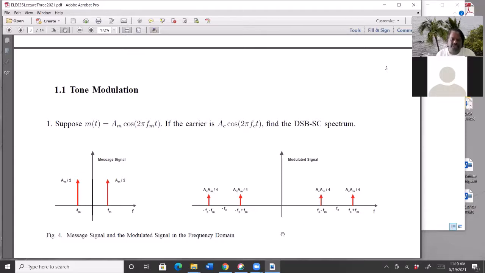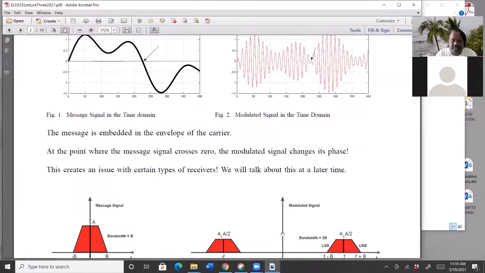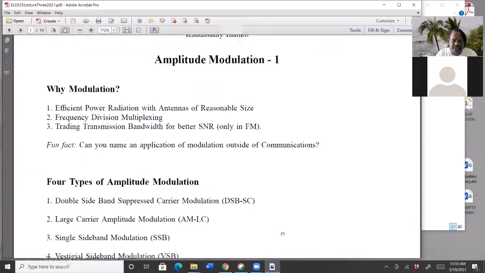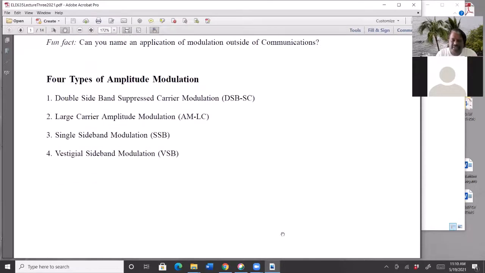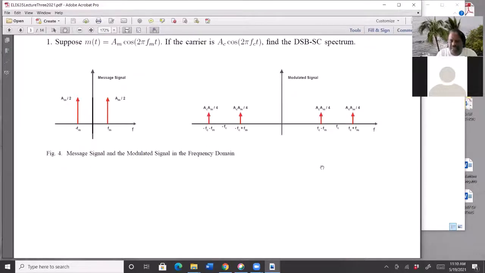Modulation doesn't just shift, it also halves it. Remember the theorem? Well, we have a half here, but more importantly, that's in the previous lecture slide. Okay, so that's where this AM over 2 becomes AM over 4.